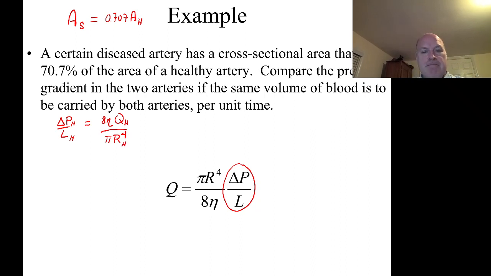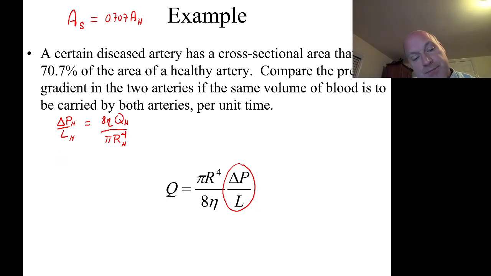Does that make sense? I'm going to assume that the unhealthy blood has the same viscosity as the healthy blood. That makes sense? So I'm not going to put a little h on the viscosity of the blood, okay? That person would be really unhealthy if their blood starts becoming thick or something because of the health problem. Ready?